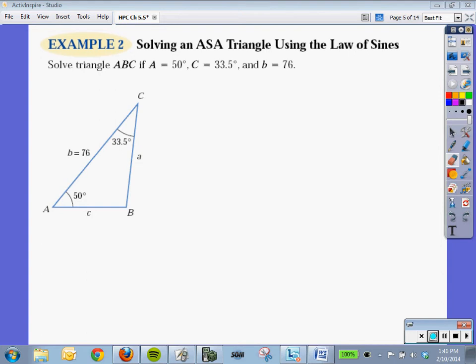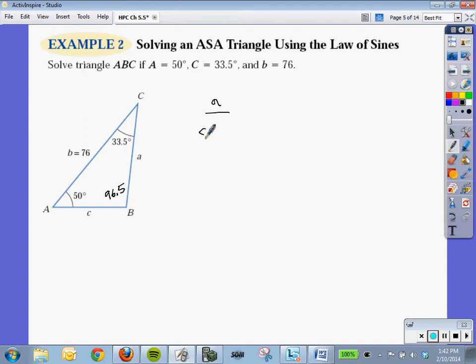So on this one here, same type of deal. We're going to use the law of sines to come up with the unknown sides. So we're going to start off with trying to figure out, let's see, the only side I have is 76, and so actually I need to figure out what angle B is equal to start. So let's go ahead and figure out either little c or little a. It doesn't matter, right? So I'm going to go for little a right now.